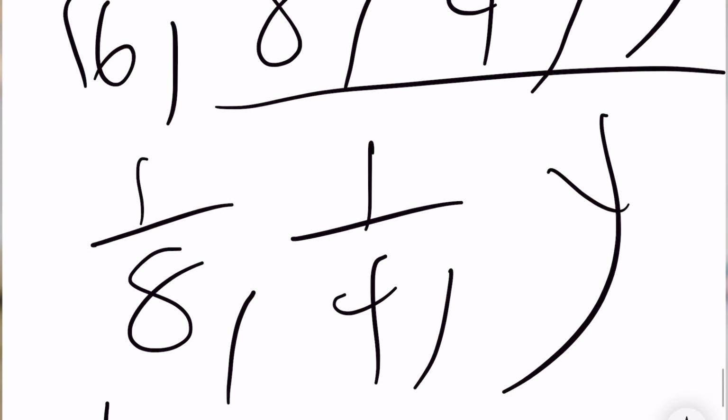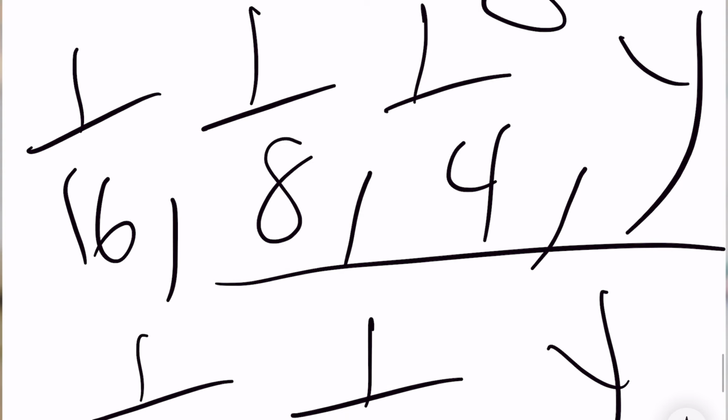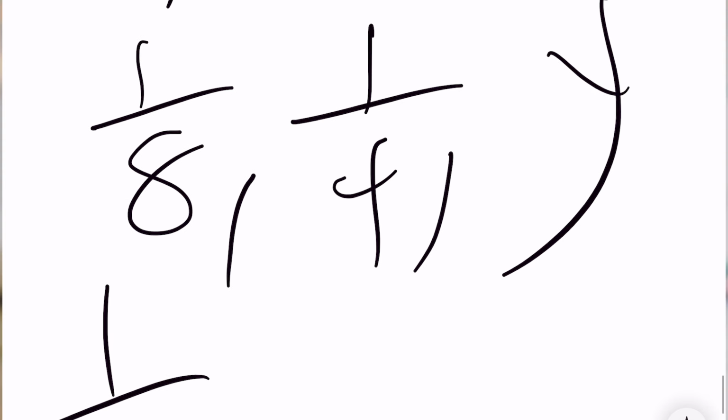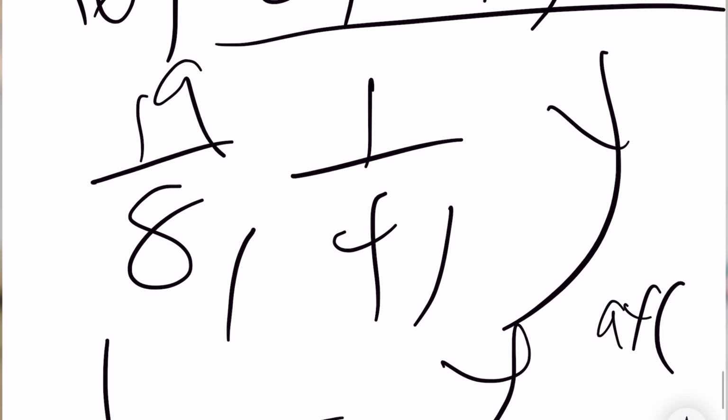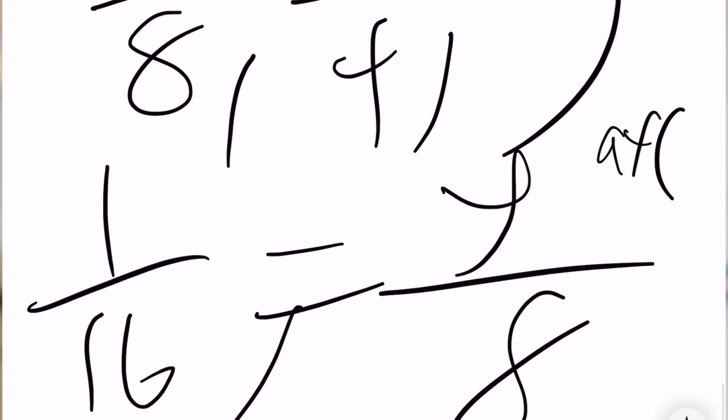We have 1 over 4 equals, when we multiply by y, which is b, 8 times c is now y over 8. So we have 1 over 4 times 1 over 4... where this is our a, this is our c. So we have it to be y over 8. So we have 1 over 16 equals y over 8.